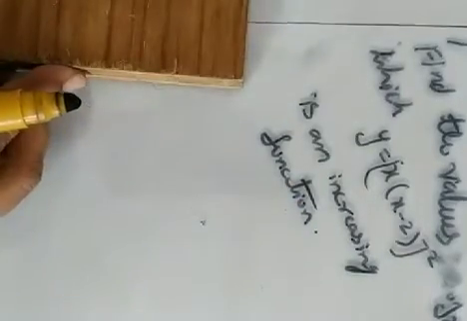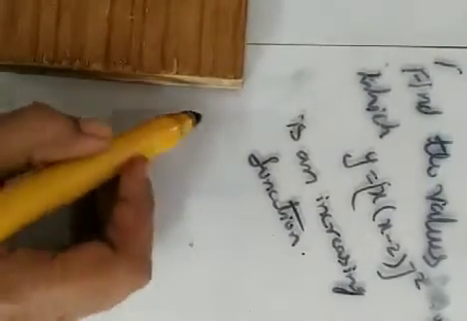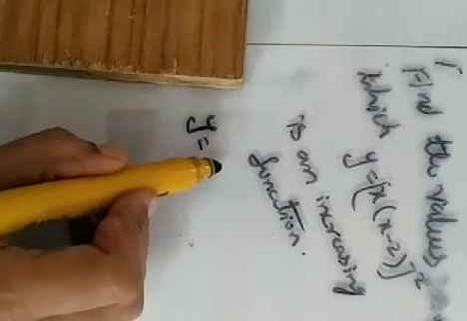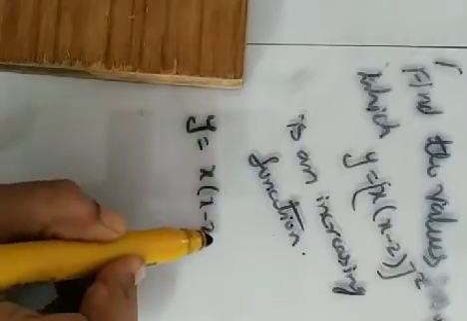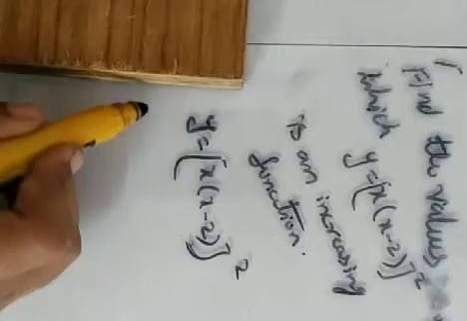We have to show that it is an increasing function. Take the function y is equal to x into x minus 2 the whole square.